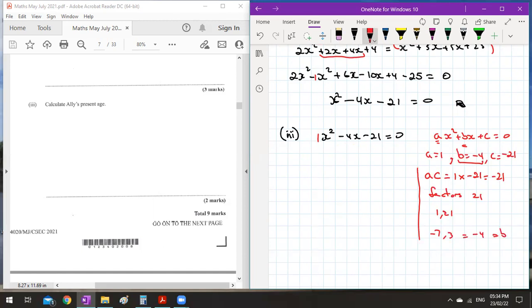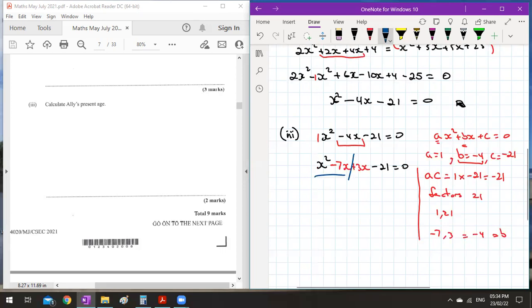So what we do is rewrite negative 4x as negative 7x plus 3x. We bring everything else down, so x squared and negative 21 equal to 0. Basically, we replaced the negative 4x with 2 terms that add to give us negative 4x. Now we're going to factorize in parts.